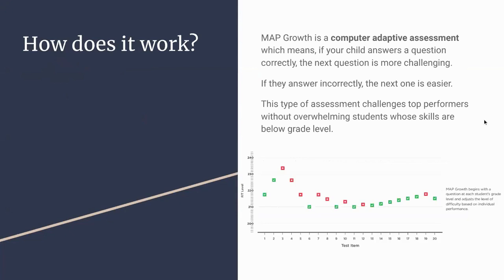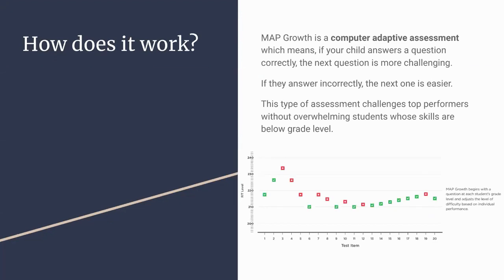So how does it work? Well, MAP growth is a computer adaptive assessment, which means if your child answers a question correctly, the next question is more challenging. If they answer incorrectly, the next question is easier.